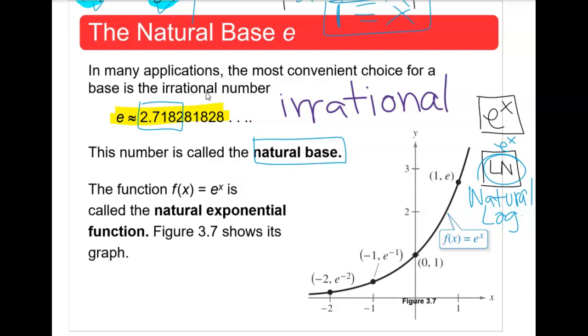So yeah, and so the function e to the power x, we refer to it as the natural exponential function. And we are going to use all the properties that we learn with exponentials and logarithms and logarithmic functions. We will be applying them with the base e, or with the natural log, which is the topic of our next section.